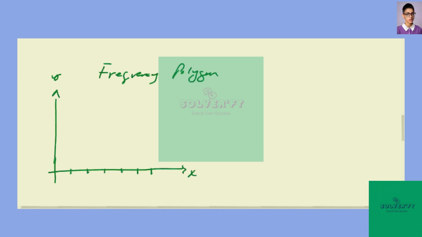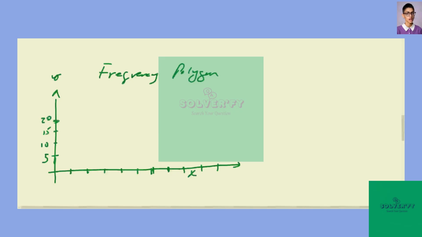So 1, 2, 3, 4, 5, 6, 7, and then 8, 9, and then 10. We still have the frequency on our axis, 5, 10, 15, 20.